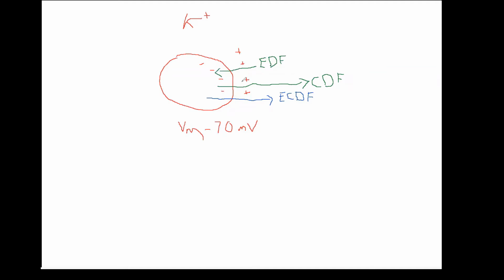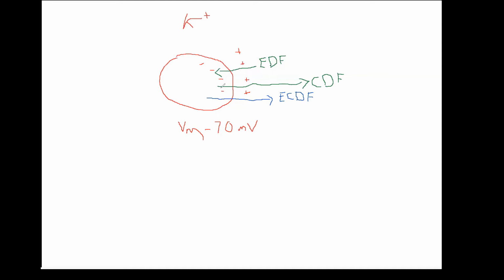Our equilibrium potential is the point at which our electrical driving force and our chemical driving force are equivalent. Another way that I like to think about this equilibrium point is that basically we're always trying to get this membrane potential to the equilibrium potential for our ion.